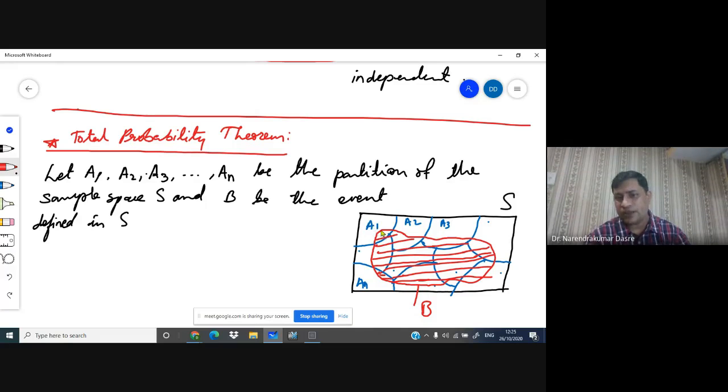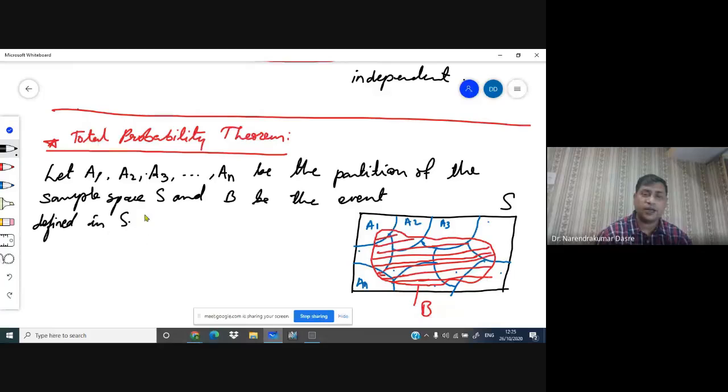So the intersection of B and A1, the intersection of A2 and B, the intersection of A3 and B, all these intersections have to be considered. I want only this part, so again I have to consider the conditional probability: the conditional probability of B on A1, A2, A3, and so on.